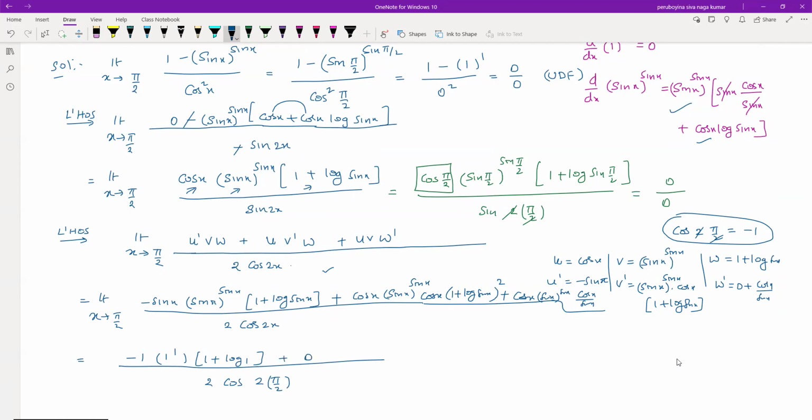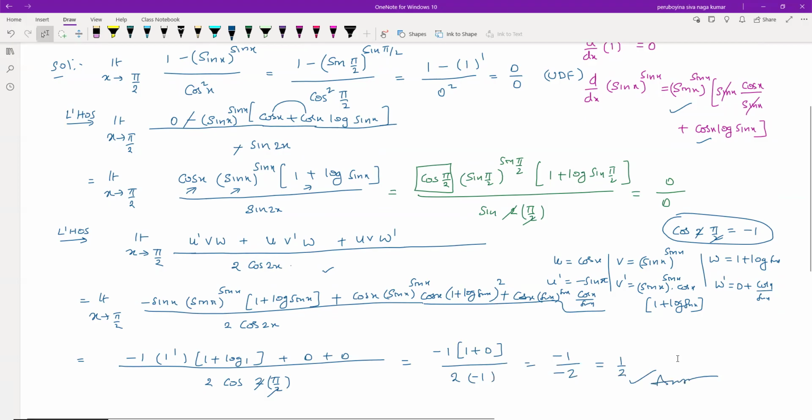And cos 90 is 0, so the entire thing is 0, and the next entire thing is also 0. So minus 1 into 1 plus log 1, which is 0, divided by 2 got cancelled. So 2 times cos pi is minus 2. So minus 1 by minus 2, therefore the answer is 1 by 2.